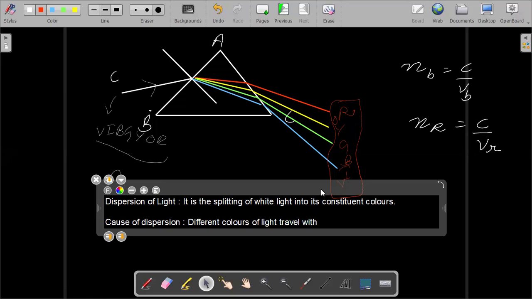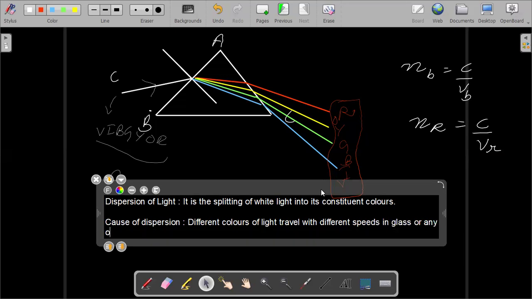Different colors of light travel with different speeds in a medium other than air or vacuum. So different colors of light travel with different speeds in glass or any other medium other than vacuum or air.